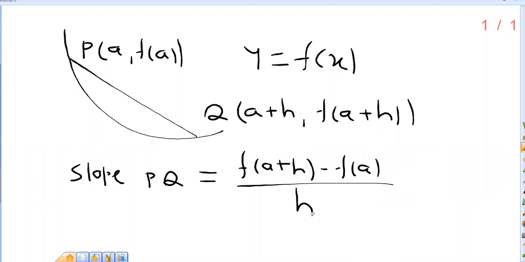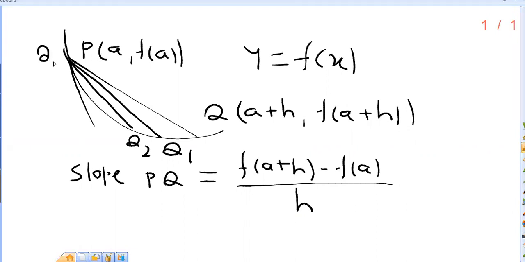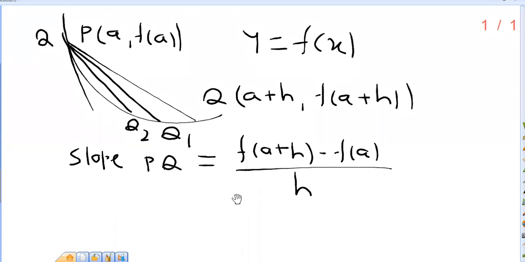Now you will notice that as Q approaches P along the curve, the limiting position of secant PQ is the tangent at P. That is, when P and Q coincide, we get the tangent at P. Now as Q approaches P, this difference h will tend to 0.